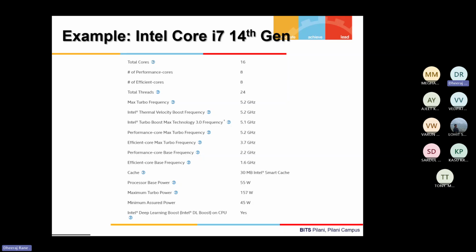Because if only Microsoft Word is running and your processor capacity is 5.2 gigahertz, there is no reason for running the processor at 5.2 gigahertz when the capacity exactly required may be a maximum of 2 gigahertz, right?